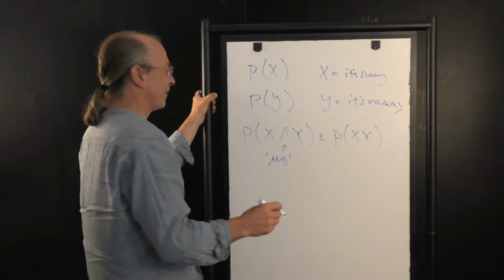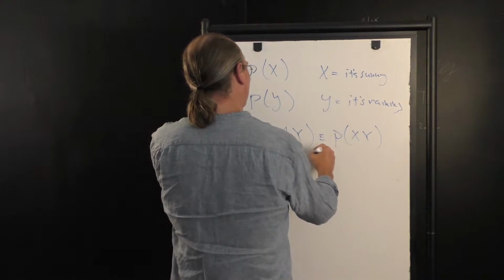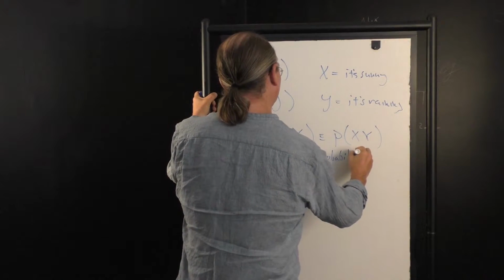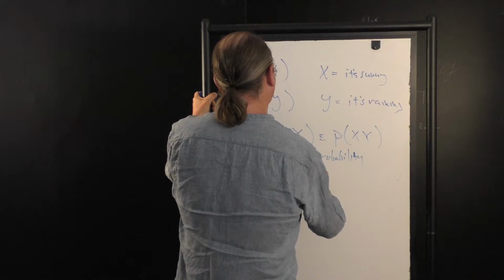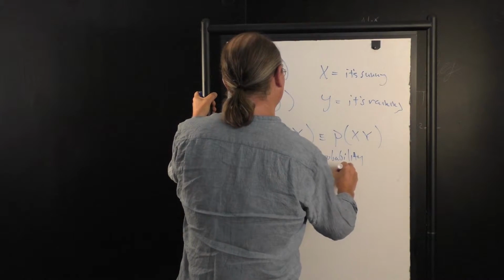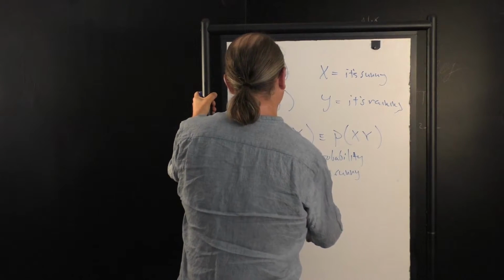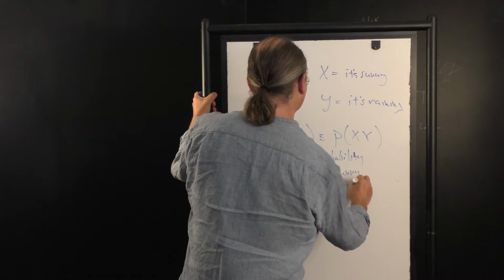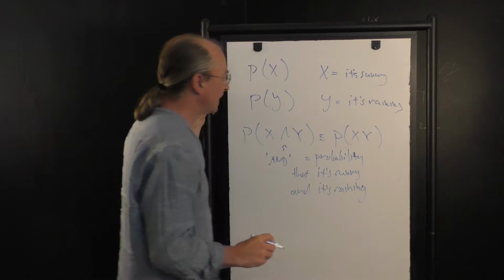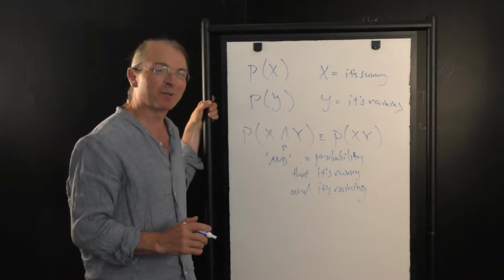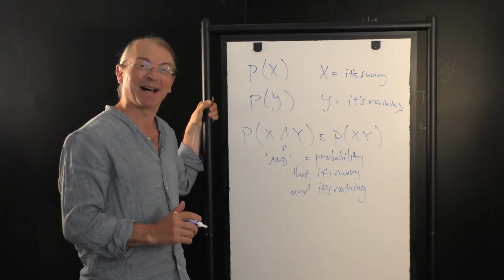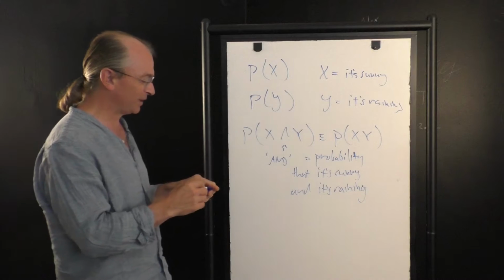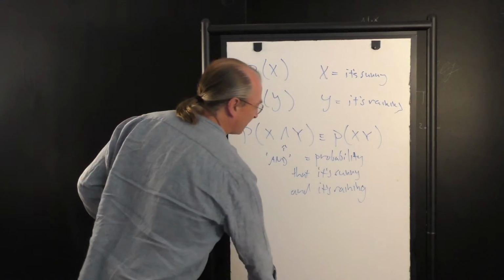Keep on streamlining our notation. This is the probability that it's sunny and it's raining. Now, in most places of the world, this is a pretty small probability, but here in Santa Fe, it happens all the time. And as a result, you get rather beautiful rainbows, single, double, triple on a daily basis.